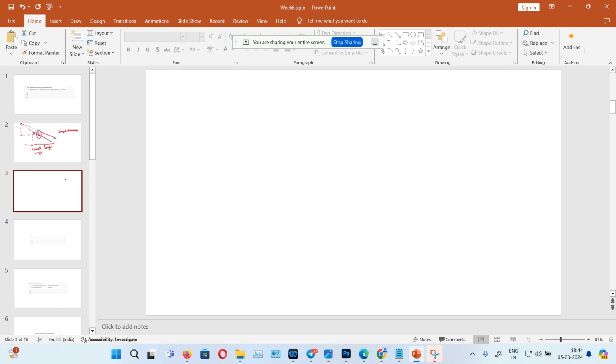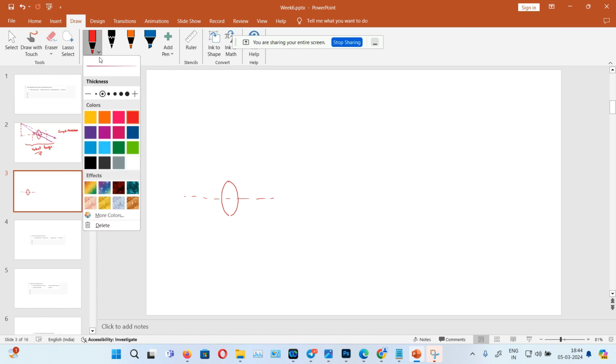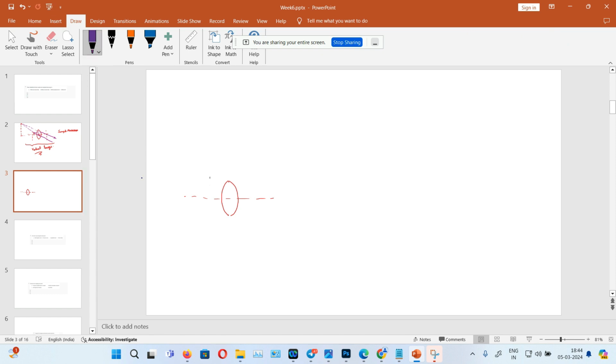In the compound microscope, there will be one lens, and the object will be between f and 2f.